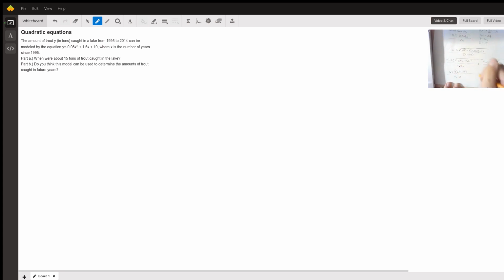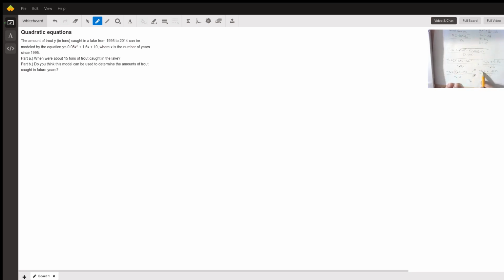This says plus or minus, so actually I need to do 2 different things. The first thing I'm going to do is -1.6 plus 0.9797 over -0.16. And then the second one I have to solve is actually subtraction, because it says plus or minus.